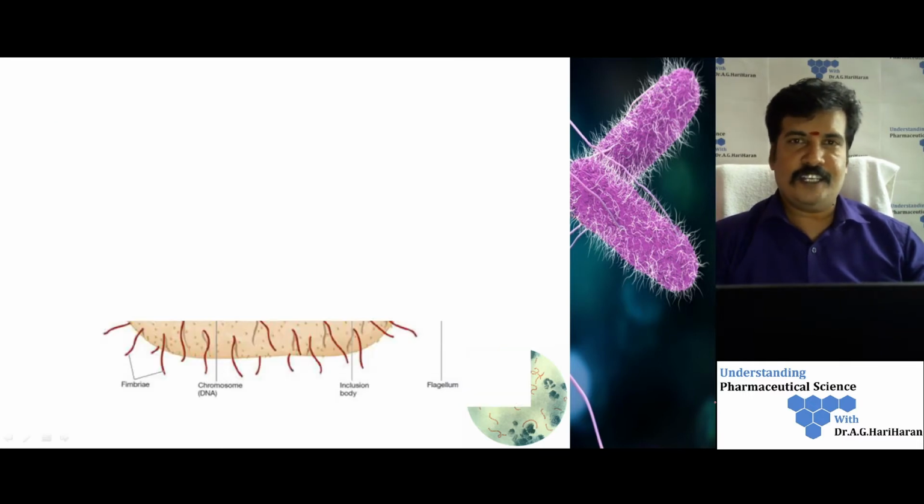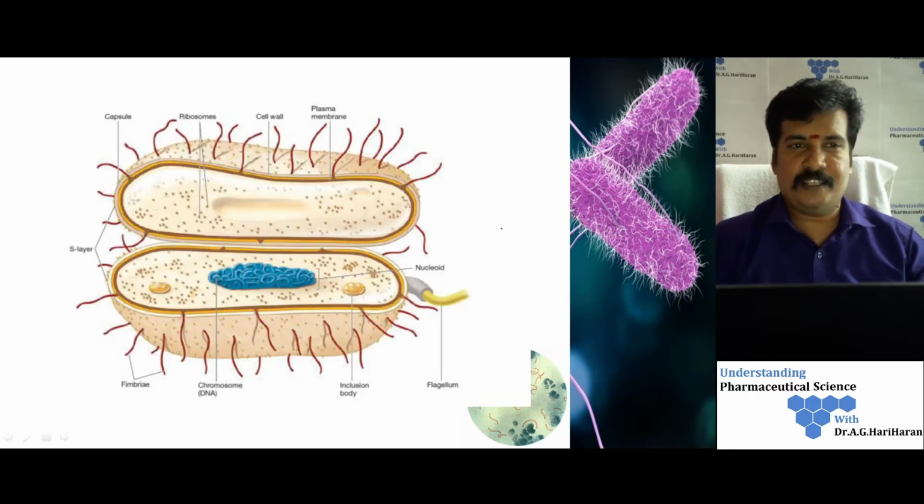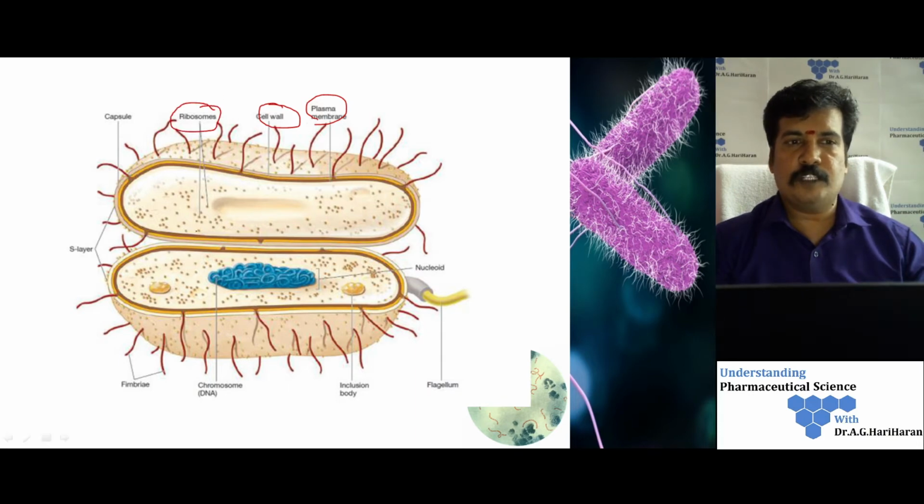If we see a simple structure of the bacteria, the major part is the cell wall. Then the immediate structure beneath the cell wall is the plasma membrane. Then it carries cytoplasm. In the cytoplasm, you can see ribosomes, which are distributed throughout the cytoplasm, and the DNA is concentrated at a particular area we call the nucleoid. Then we can have certain inclusion bodies.